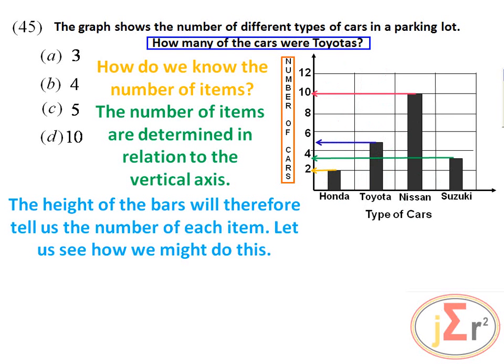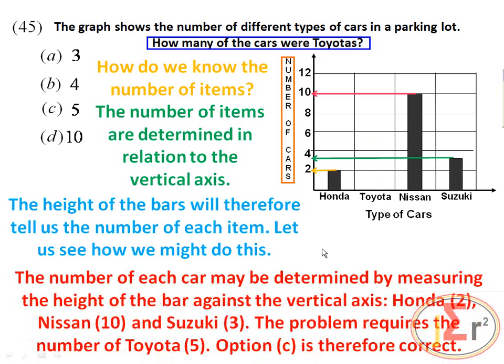So there we have rays going from the top of each bar going towards the vertical axis that contains the number of cars. So the number of each car may be determined by measuring the height of the bar against the vertical axis. And we know that that vertical axis is in reference to number of cars.